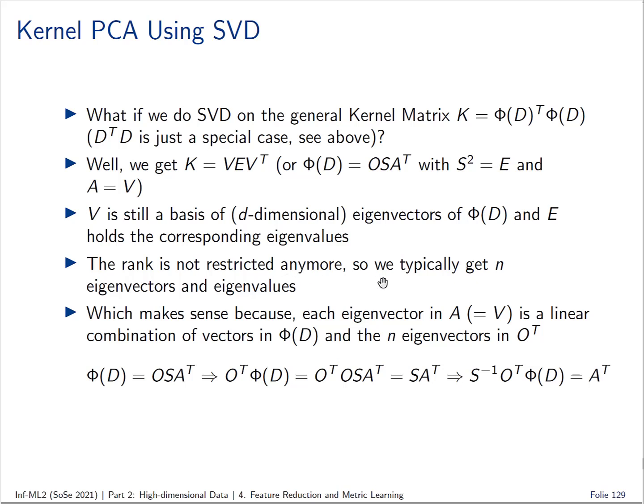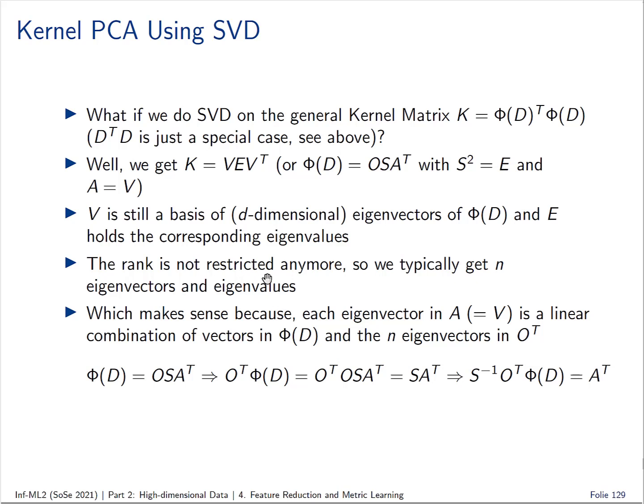Since the kernel matrix and also the mapped data matrix after the mapping has n times d, we typically get n eigenvectors and n eigenvalues.